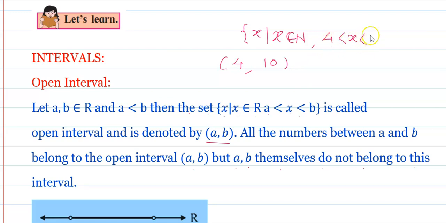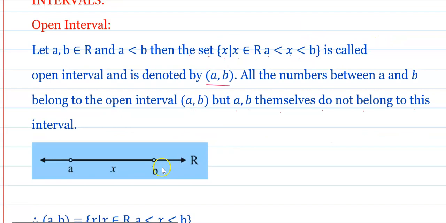It means what are the elements? 5, 6, 7, 8 and 9. In this way, this type of set is called the open set.